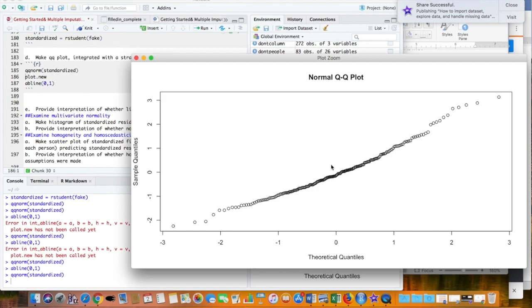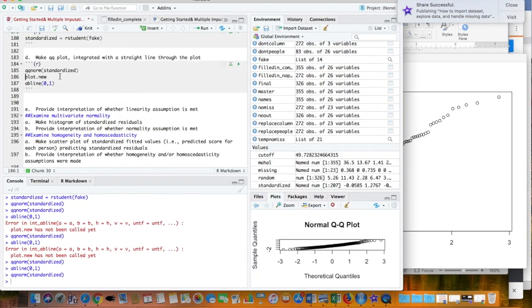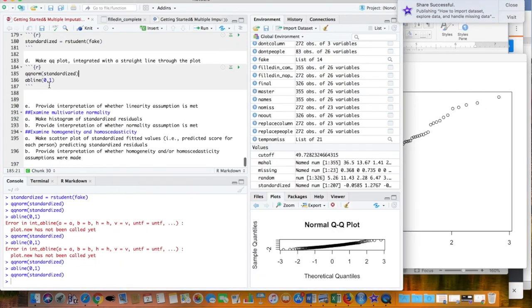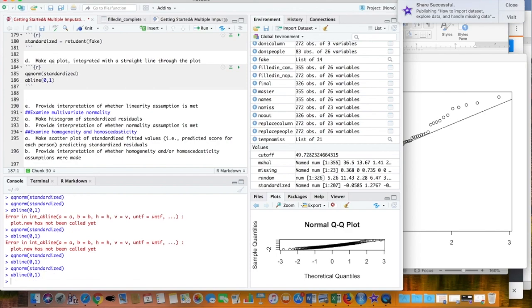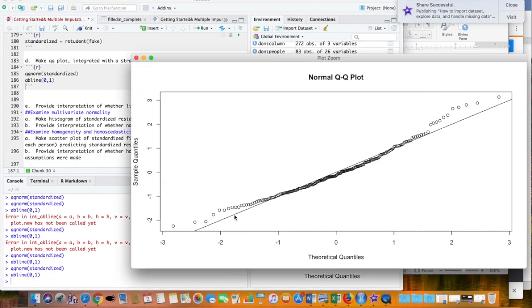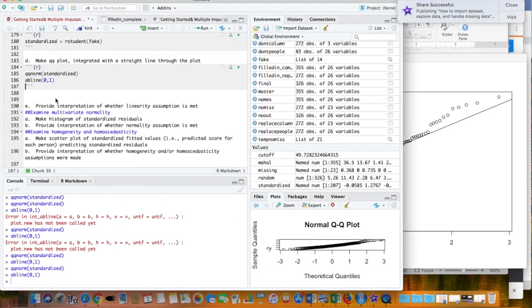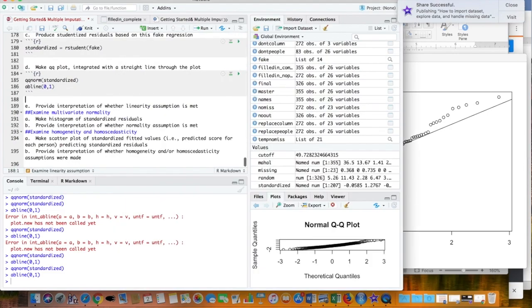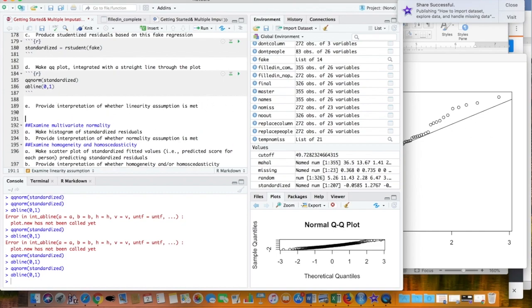To help see if this is a straight line, I went ahead and added this in, and there you have it. So this is actually pretty good. So in terms of whether the linearity assumption is met, the QQ plot suggests that, hold on.